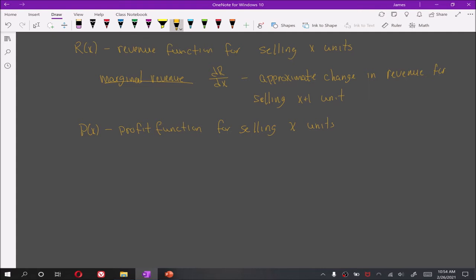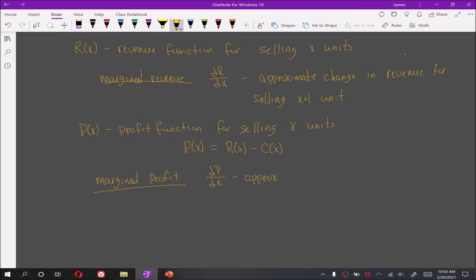Now, profit is how much money you bring in, the revenue, minus how much it cost. Marginal profit is, as you should be able to guess, dp dx, the derivative of the profit function.